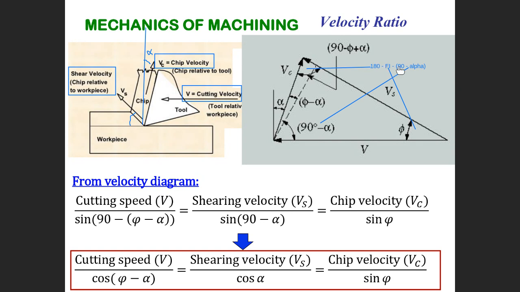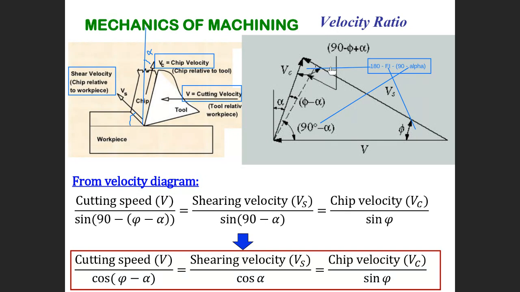Minus 90 plus alpha, because minus a minus means plus. Then 180 minus 90 means 90 minus phi plus alpha. Did you get it? So this is the angle here. So it's three angles.